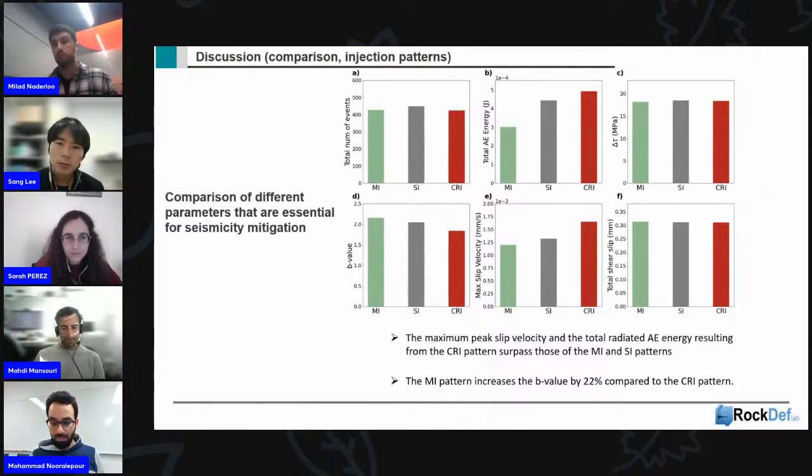Wrapping up all this, it shows the maximum peak slip velocity and total radiated energy resulting from the cyclic one is more than the monotonic and stepwise ones. That tells us, of course this is fundamentally a lab scale result, that if you want to inject in a faulted porous medium, you should be careful if you want to do it in a cyclic way.